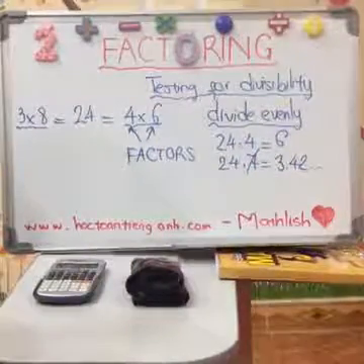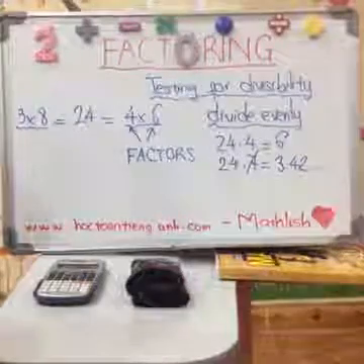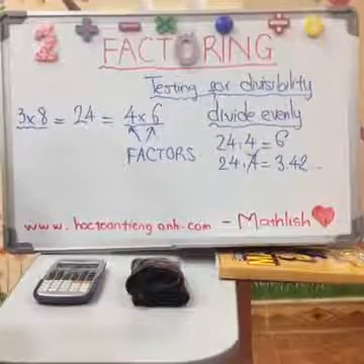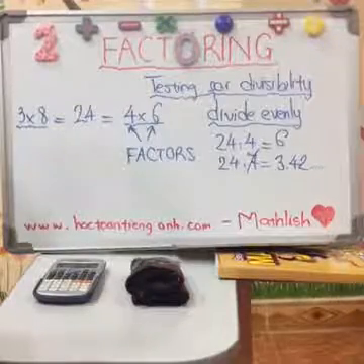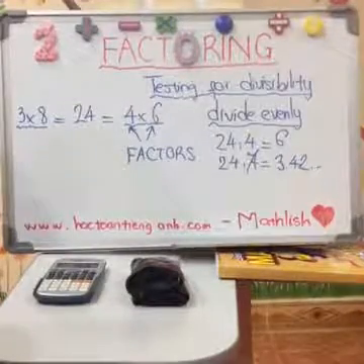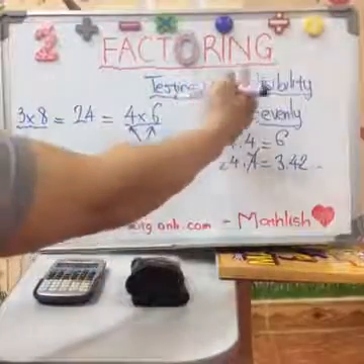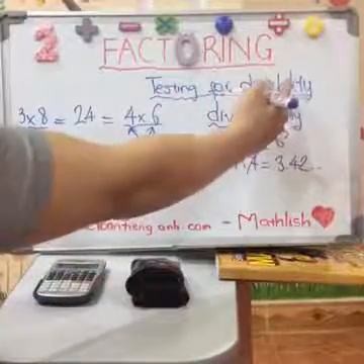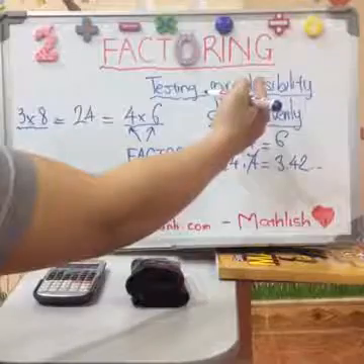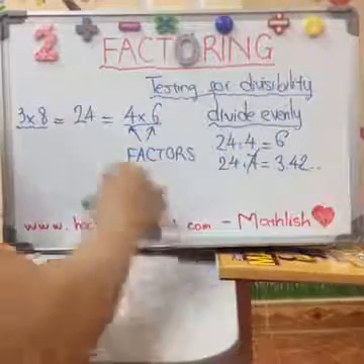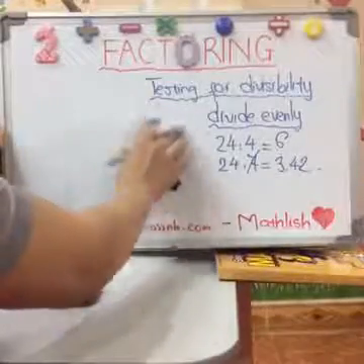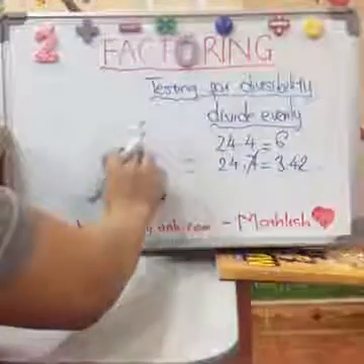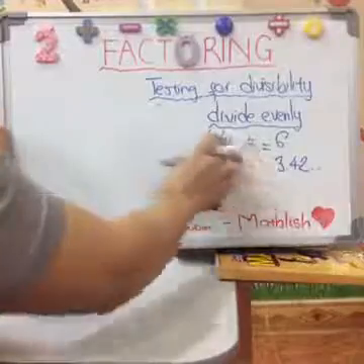Sometimes you may be asked to find all the factors of a number. If that happens, you can use testing for divisibilities to solve the problem. To see how it works, let's try to find all the factors of 24.